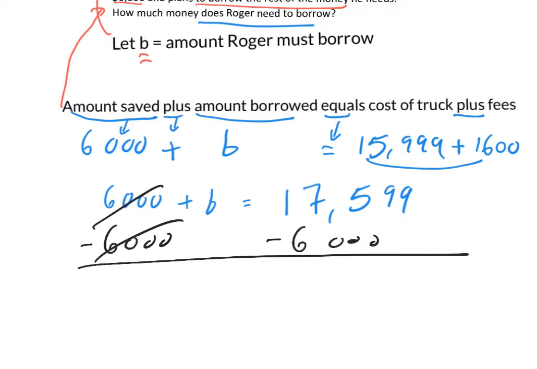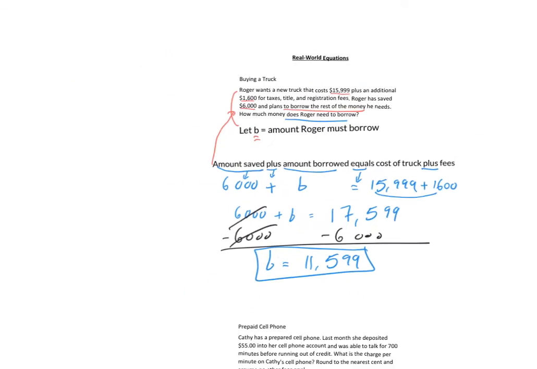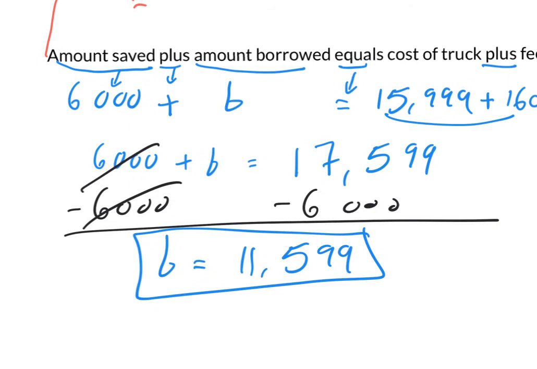So this is gone, and B equals 17,599 take away 6,000, which will be 11,599.